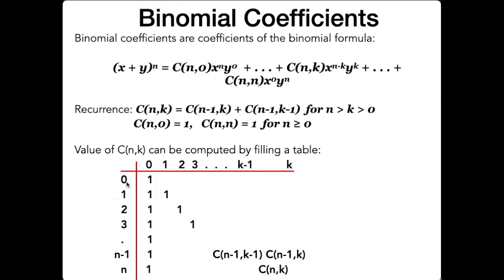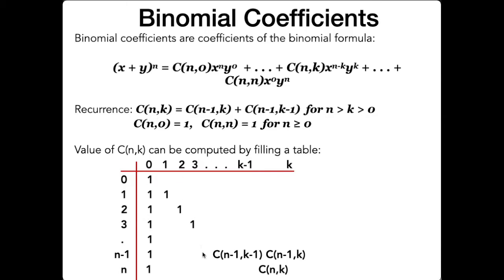So for the base cases, regardless of the value of n, if k is equal to 0, then we have 1. And then for C(n, n), we have 1 in the diagonal. And then for the remaining parts of this table, we can simply use the general case.